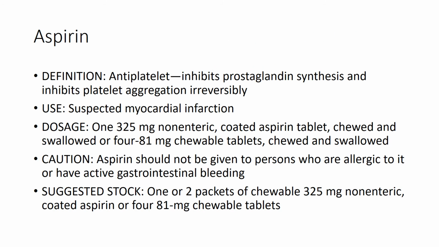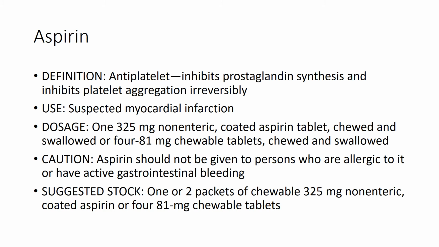The second pharmacological agent is aspirin. Aspirin is an antiplatelet which inhibits prostaglandin synthesis and inhibits platelet aggregation irreversibly. So aspirin is indicated when there is suspected myocardial infarct. The dosage is 325 mg non-enteric coated aspirin tablet chewed and swallowed, or 481 mg chewable tablets chewed and swallowed.